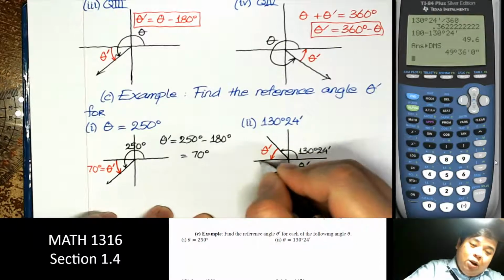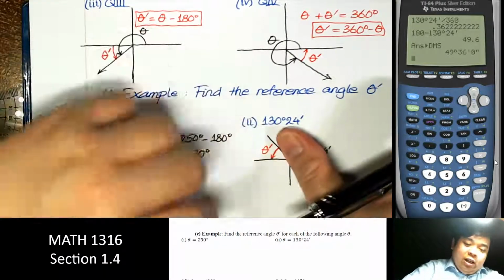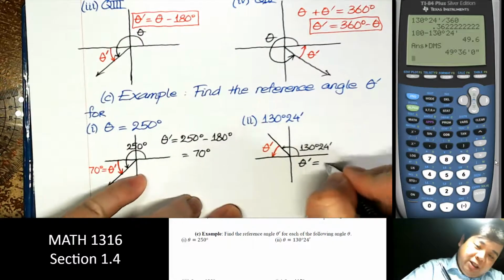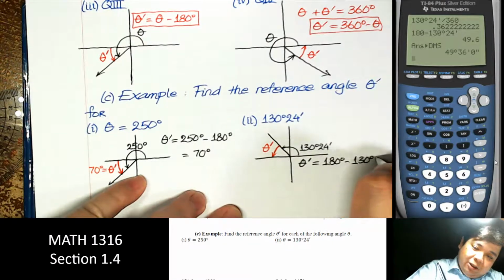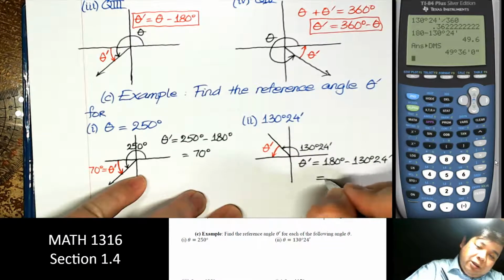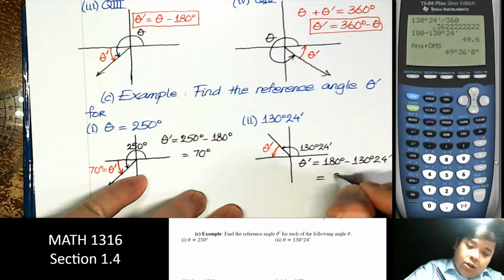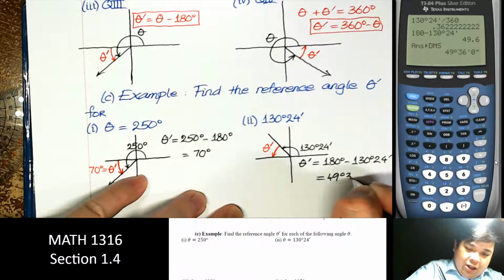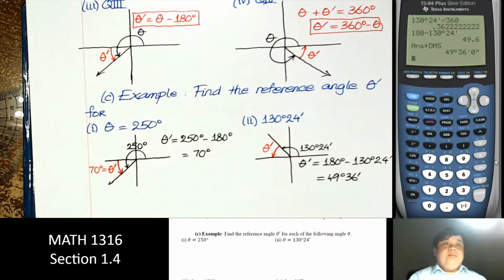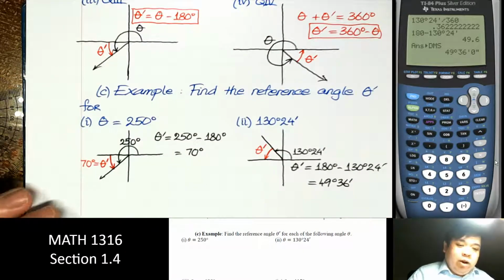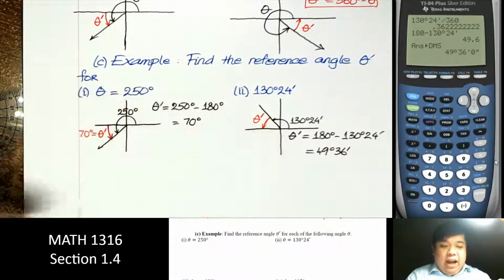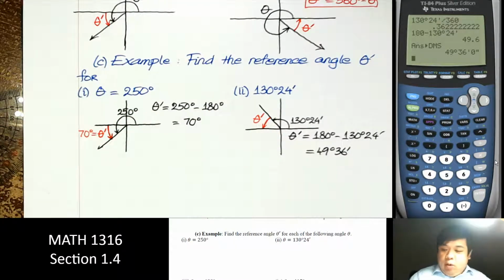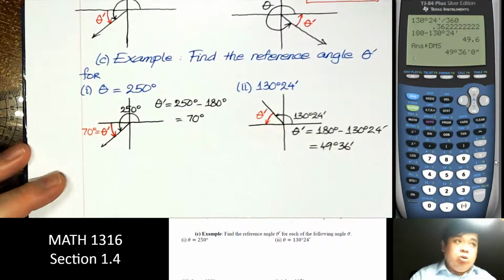We take 180, the whole thing, take away theta, gives us theta prime: 49 degrees and 36 minutes. So we're going to make an angle using the terminal side and an x-axis, positive or negative, whatever gives us an acute angle.